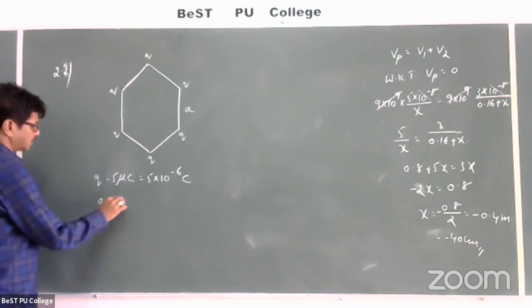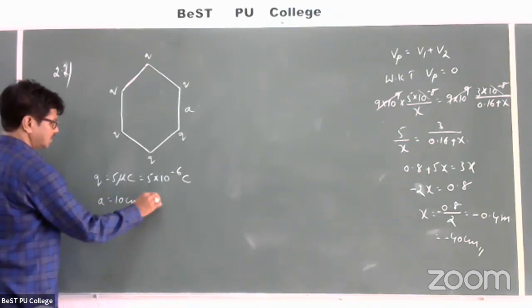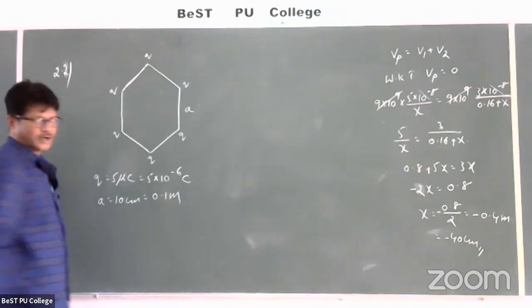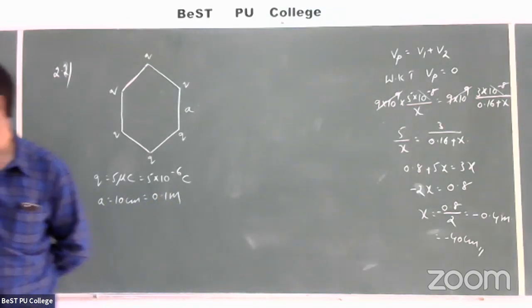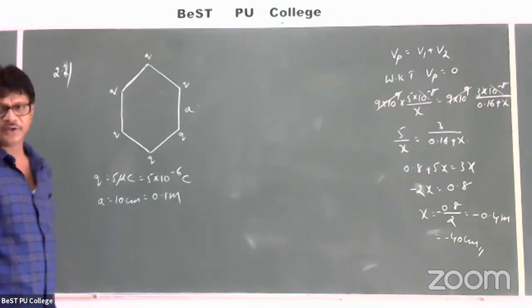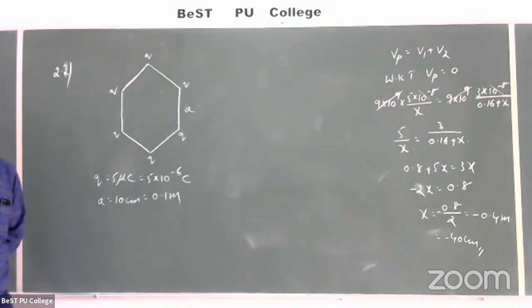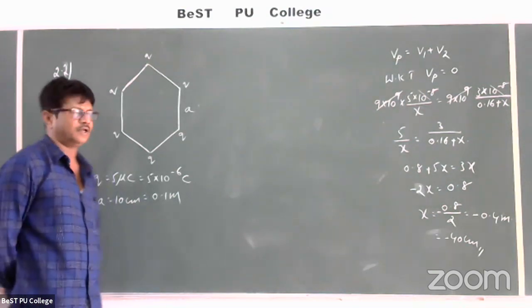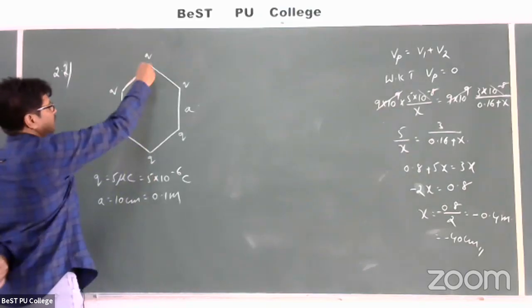A is equal to 10 centimeter, which is equal to 0.1 meter. Now he is asking us to find what will be the total electric potential at the center of an hexagon.